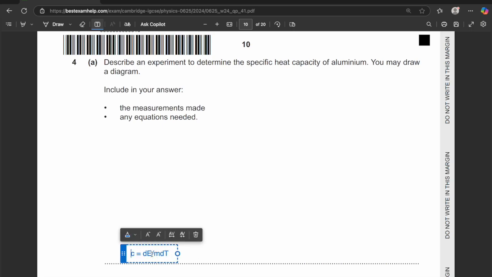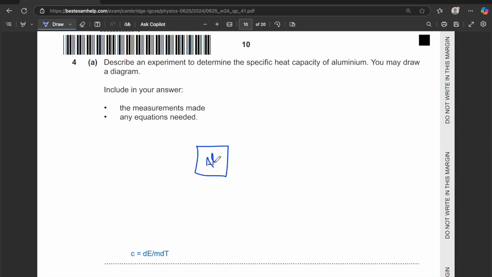So when you think about it, we can find the energy. But how, right? So firstly, we have this aluminum block, and this aluminum block will be heated by an electrical heater that will be connected to power.